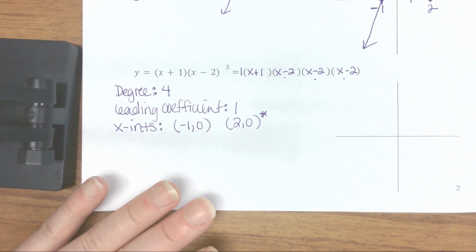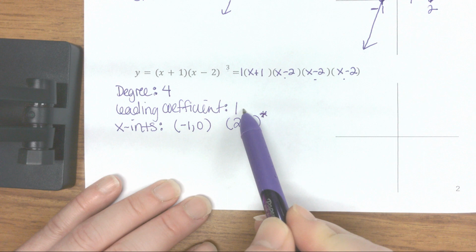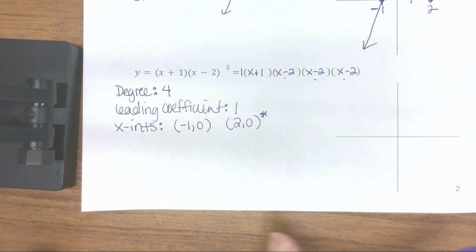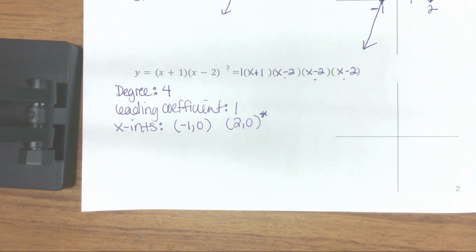All right, if this is degree 4, leading coefficient 1, can you give me just a show with both of your hands where the end behavior goes? Degree 4, even degree, leading coefficient 1. So some things that I'm looking for are like this or this or this, or do you know what the end behavior is?